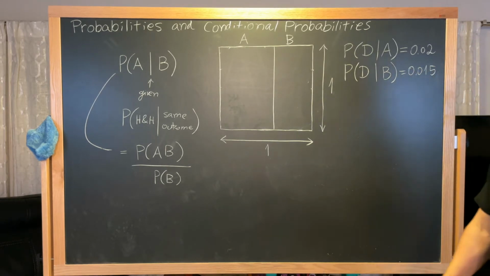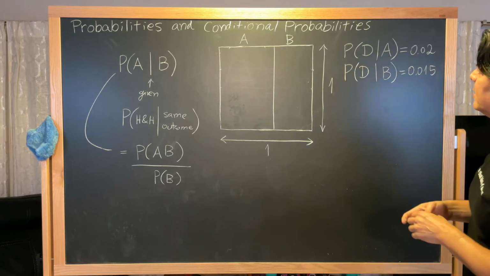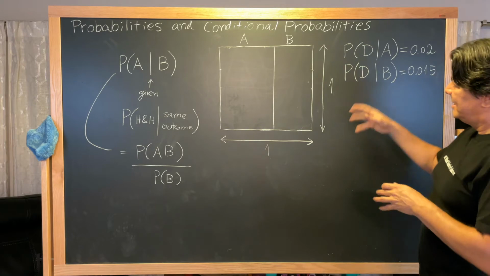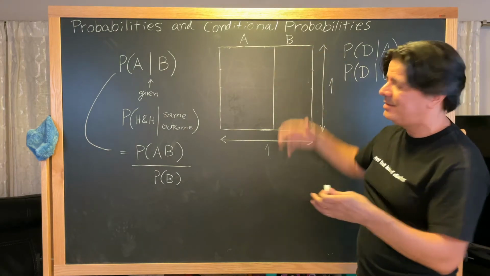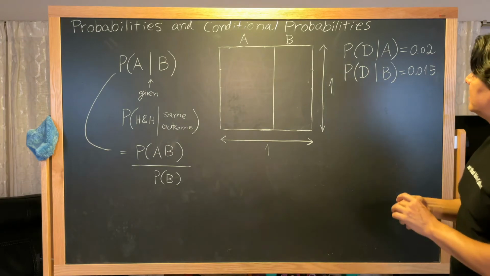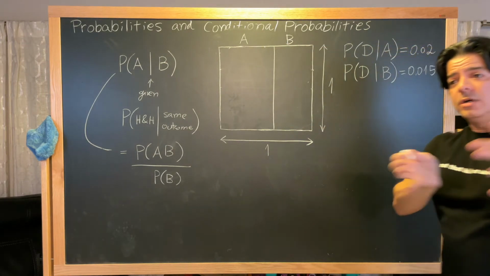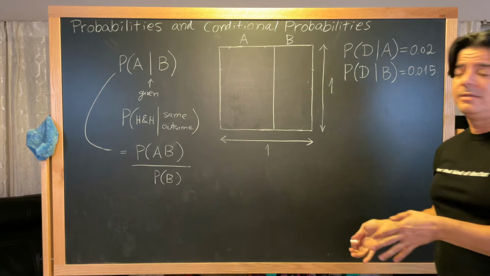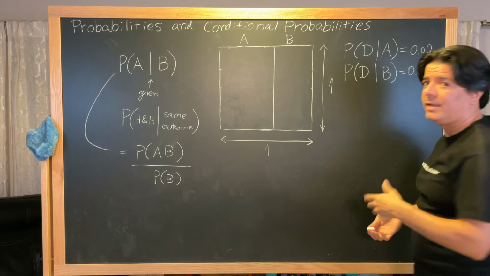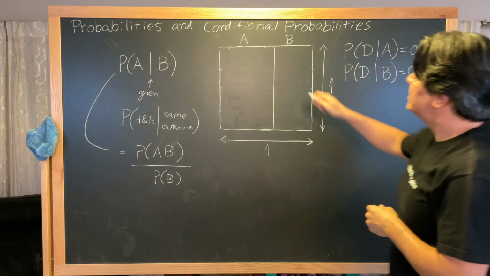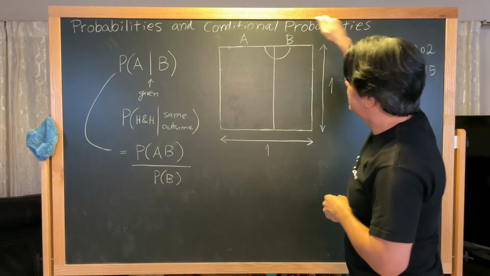Great. So what does that mean in terms of this picture? Well, think about it this way. Defective is another slice in this universe of events. It slices the universe into products that are defective and products that are not. Just like this slices into products made by B and products made by A. So I could slice it more or less like this, right?